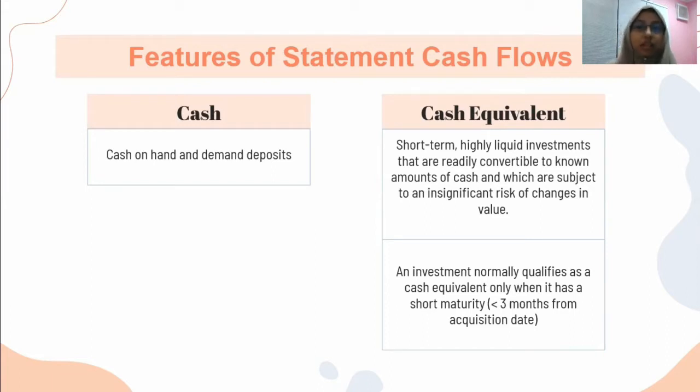And there should be a very little risk of changes in their value, which means equity shares cannot be classified as cash equivalent. However, preference shares that purchased shortly before the redemption date can be classified as cash equivalent. Example of cash equivalent would be commercial paper, treasury bills, and short-term government bonds with a maturity date of 3 months or less.